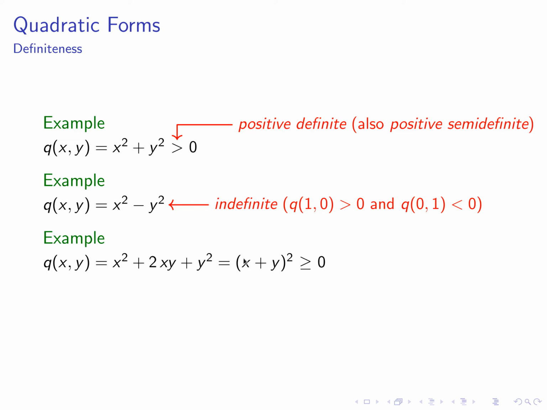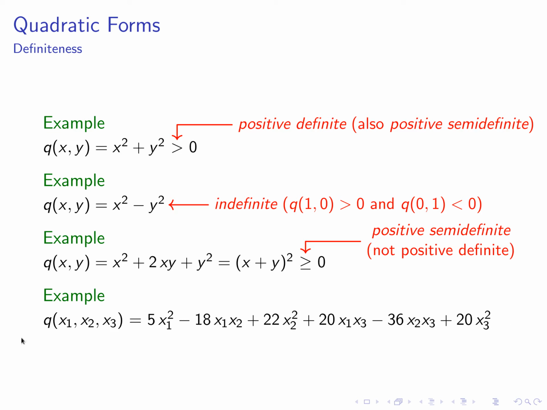So we know that the output of this quadratic form is always greater than or equal to 0, but not necessarily always greater than 0. This tells us that our quadratic form is positive semi-definite, but not positive definite, because sometimes the quadratic form is equal to 0. For example, if we plug in x equals 1 and y equals -1, the output is 0. However, we know this is positive semi-definite because we will never produce a negative number with this quadratic form.